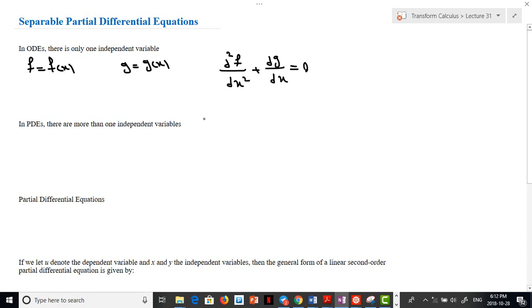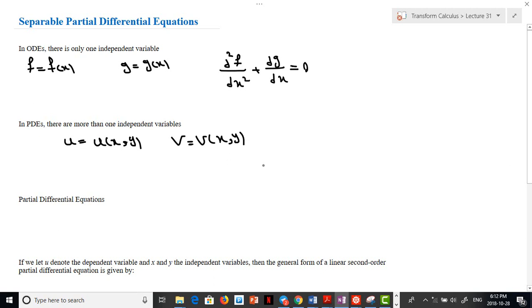But in this chapter, we're going to talk about partial differential equations, or PDEs. In this case, we have more than one independent variable. For example, let's assume we have u, which is a function of x and y, so we have two independent variables, x and y. And we have another function v, which is a function of x and y as well.